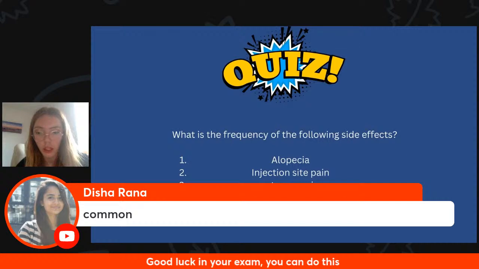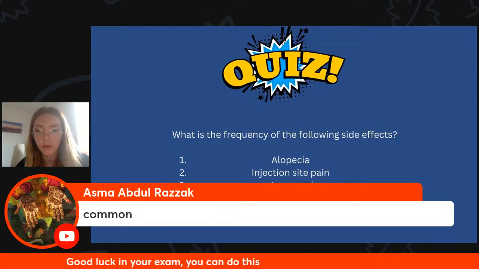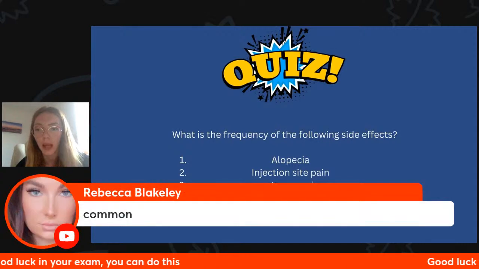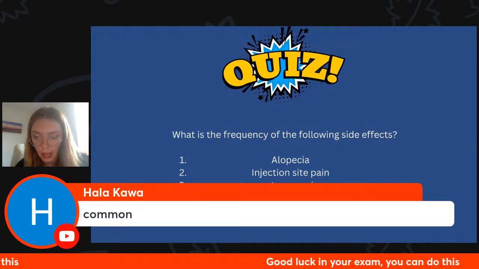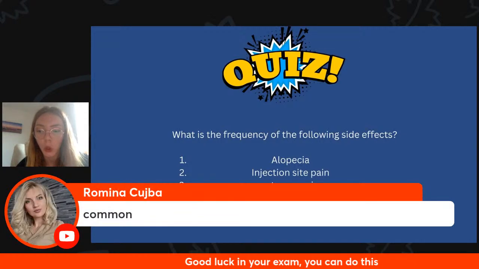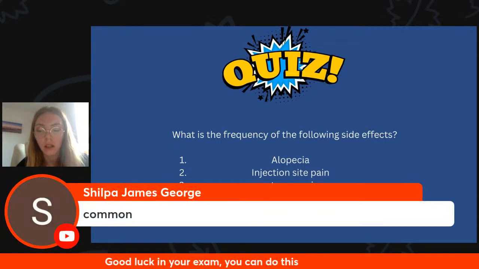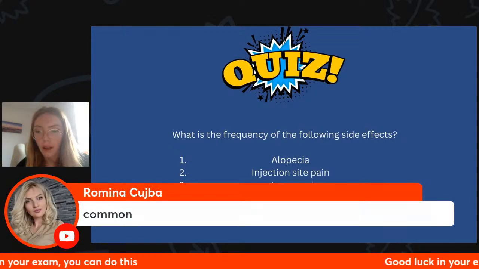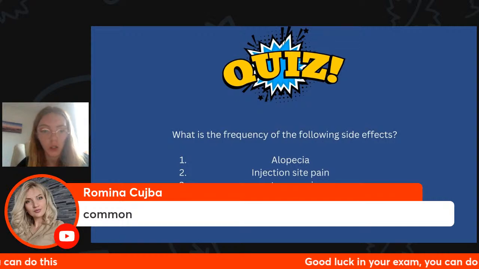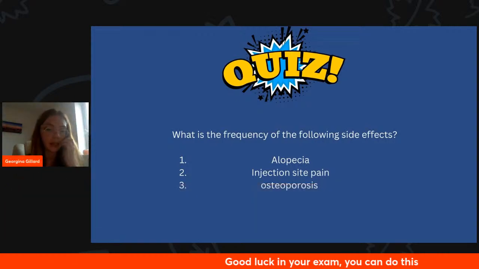More common. You are super quick at this, guys. This is fantastic. This is exactly what it's going to be like in a GPhC exam. You're getting used to searching by your key terms, okay? Frequency of side effects is a nice SPC question to come up in your paper 2. Fantastic. Common.